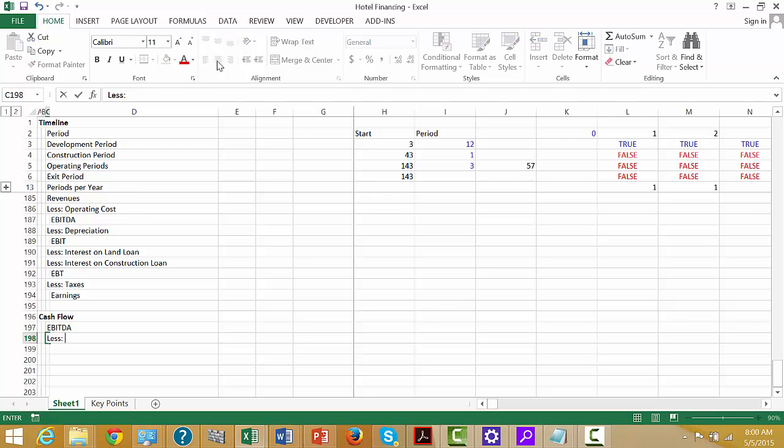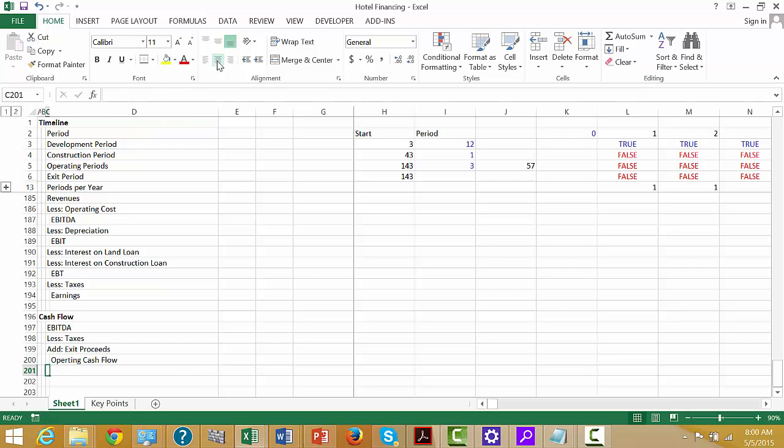This cash flow I'm going to just make over the operating period, less taxes. How about we'll add exit proceeds, and then we'll put operating cash flow.